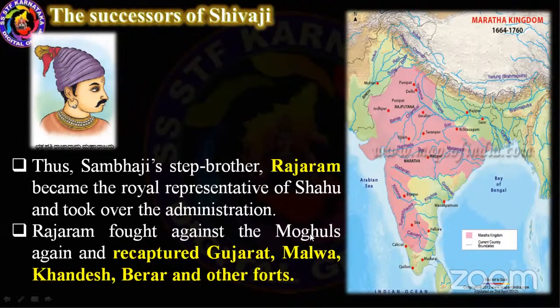Rajaram fought against the Mughals again and recaptured Gujarat, Malwa, Khandesh, Berar and other forts. After coming to power, Rajaram started extending his activity, and in that expansion he captured Gujarat, Malwa, Khandesh, Berar, and also forts from the Mughals.